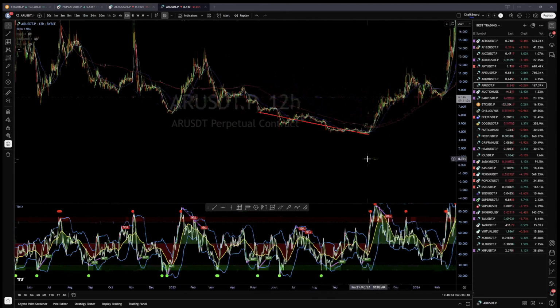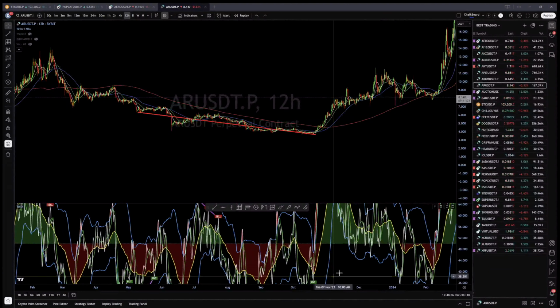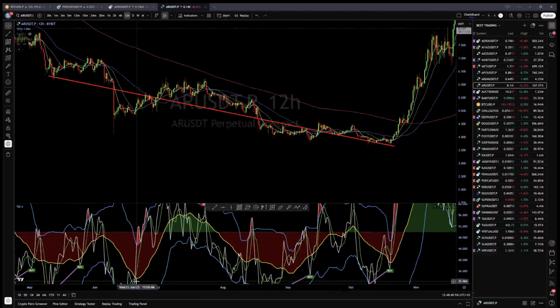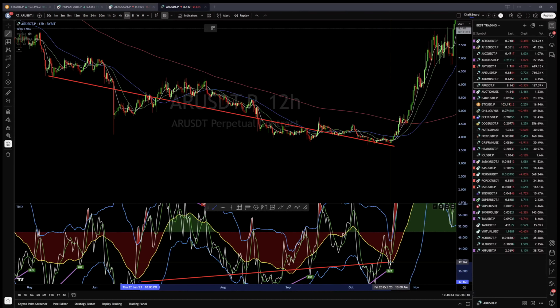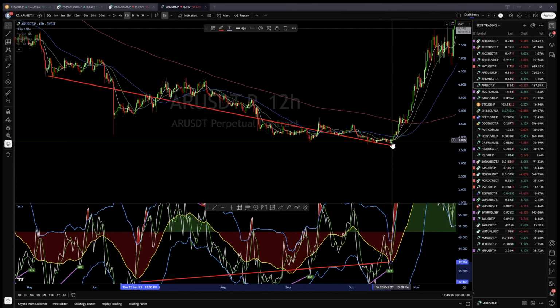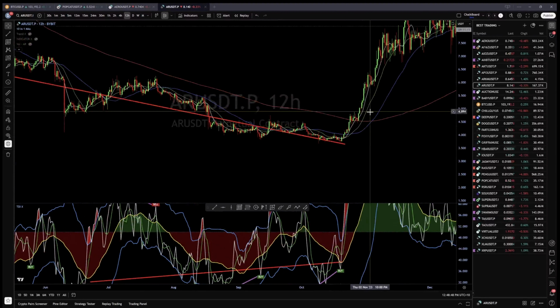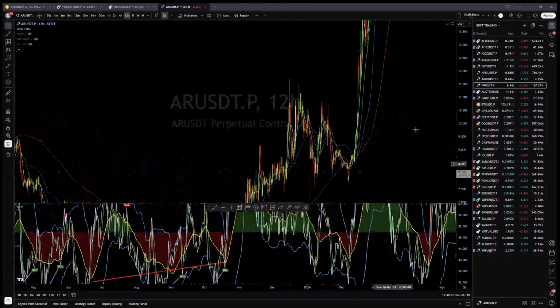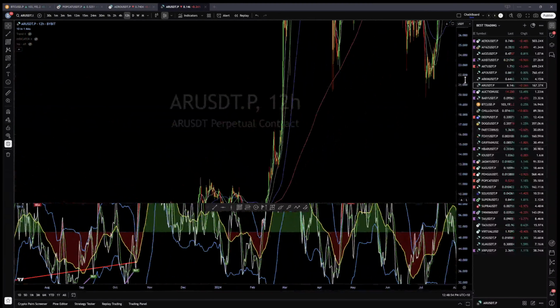Yeah, it's at 12 hour. I guess that will work. So just check different time frames, and you'll see the money flow coming up once again, and then bam, there's your bottom. There's your ribbon flip, and you cross the 200. And then you're off to the races.